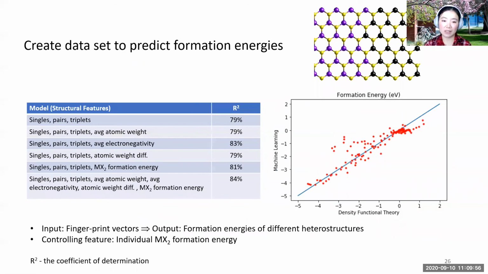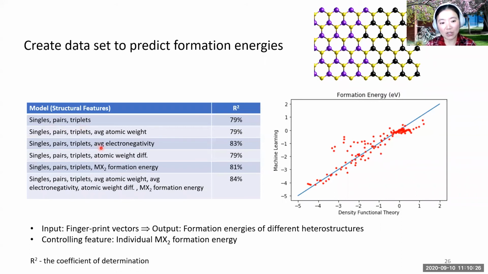So these are the results we got. Like I said, the structure features will be the input for the machine learning. At this point we don't know which structure features we should use, so we try a variety of combinations as inputs. We try singles, pairs and triplets, which refer to the concentrations for the different compositions.